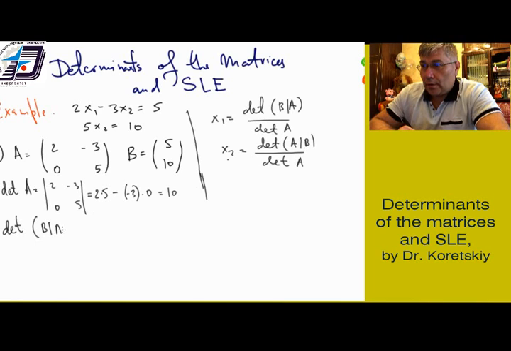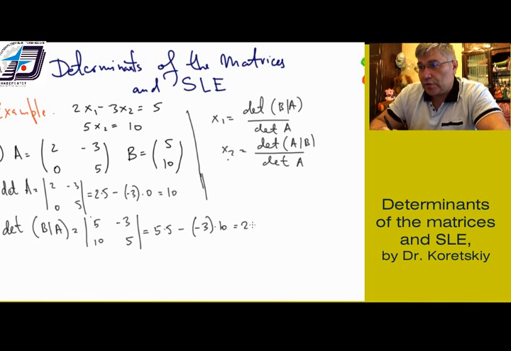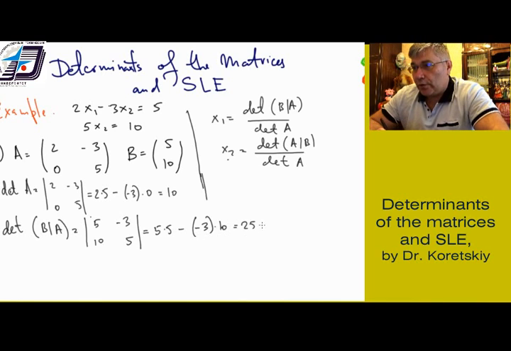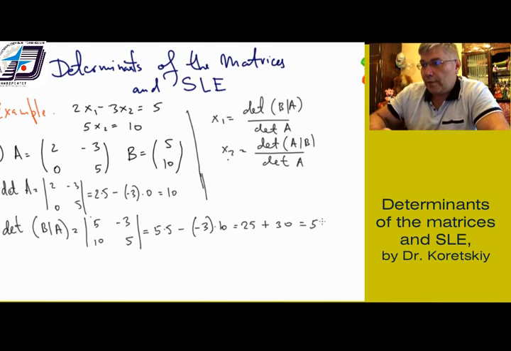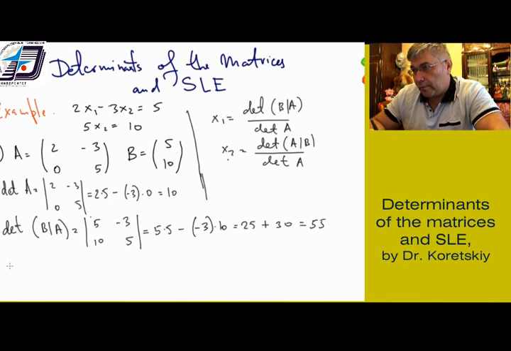So x1 determinant: instead of the first column of A we have to put the b numbers, 5, 10, minus 3, 5. So we have 5 times 5 minus 3 times 10, and we have 25 plus 30, and we have 55.